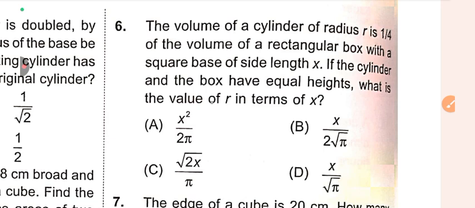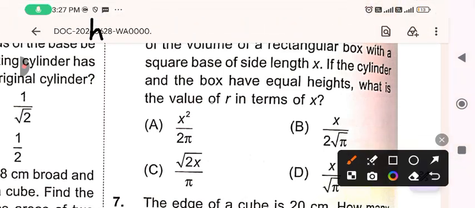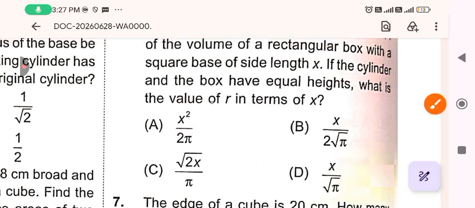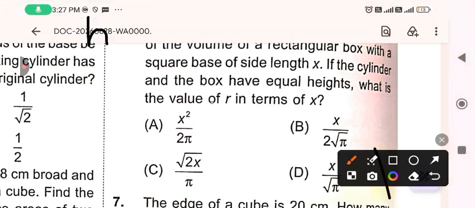So let the height of the cylinder and the rectangular box be h. And what we have to express is R in terms of x.